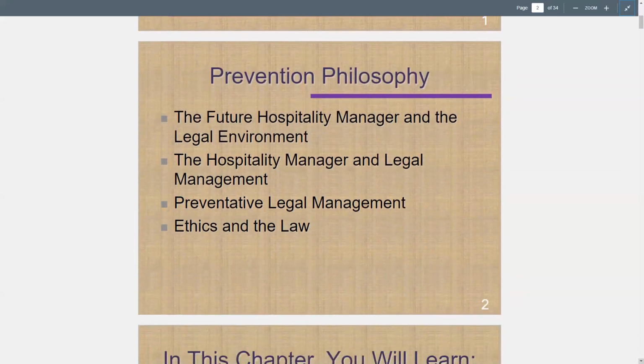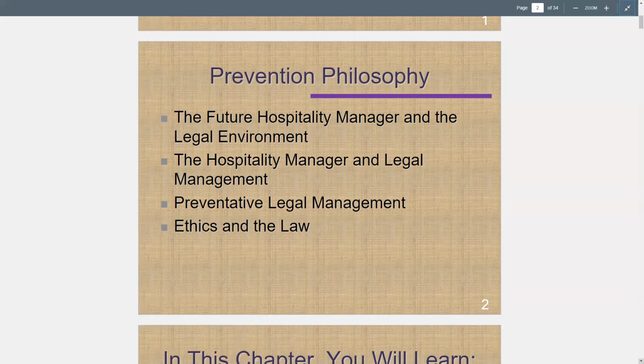So we're going to look in this chapter about the role of the hospitality manager and how he or she interacts with the legal environment, and also about how we can prevent problems. How does the hospitality manager have an active role in preventing the development of legal problems? And finally, we'll talk about ethics. How do professional ethics play a role in avoiding legal risk?